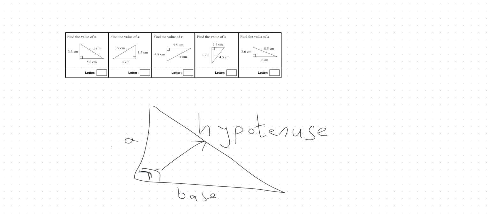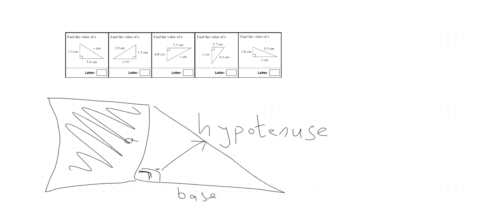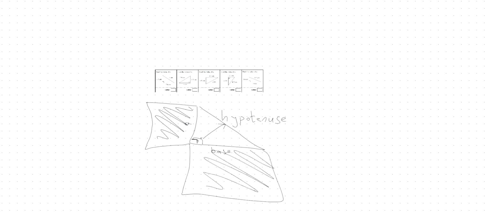What ends up happening is the a squared plus the b squared starts to talk about the area. So if we drew a square out of here, the area of this square, added to the area of the base square, which is the a squared plus b squared, equals the area of this one.